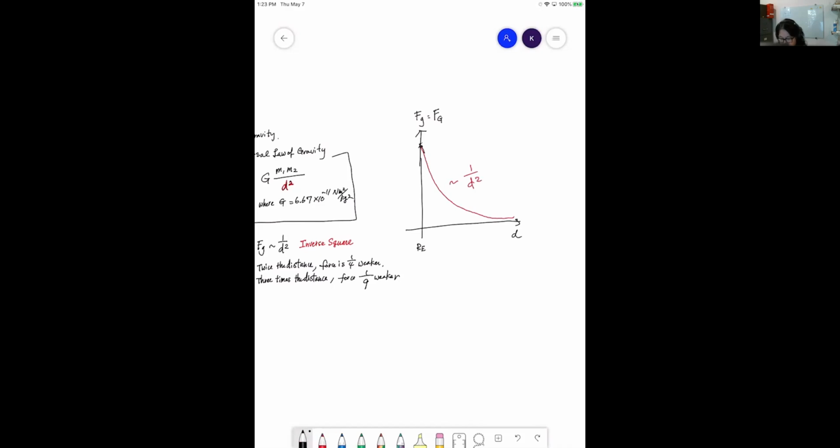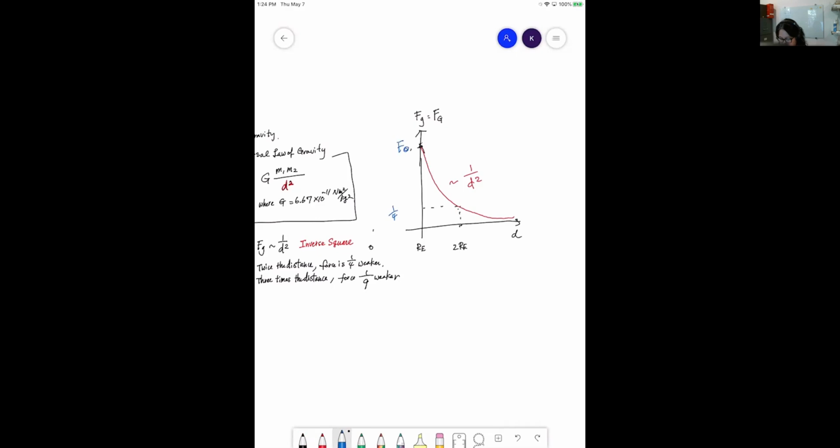Let's say this is the 0, and then this is going to be twice the radius of the Earth, RE. This was the initial value, and this is going to be 1/4 of the initial one. So let's say this was some kind of a force. It could be 100 newtons or something.